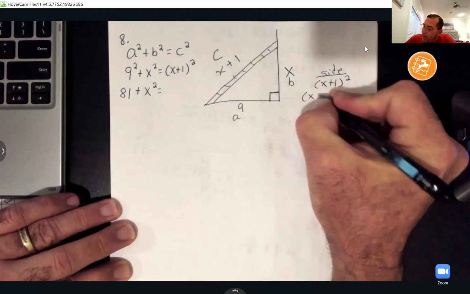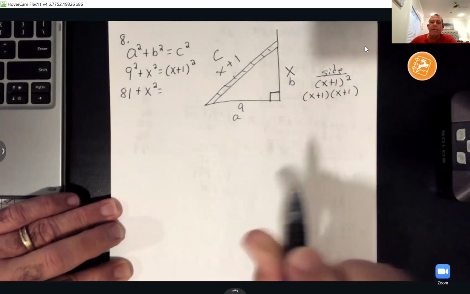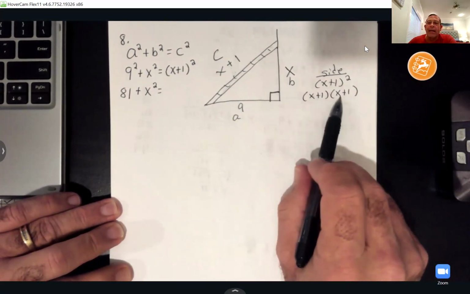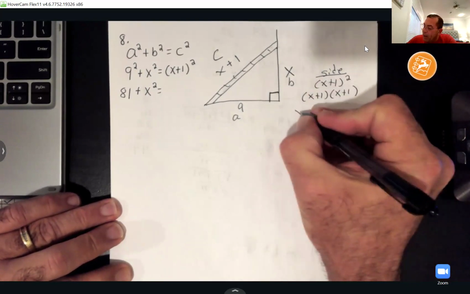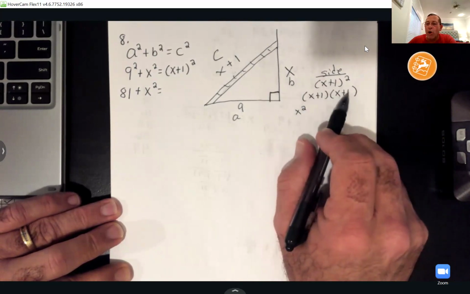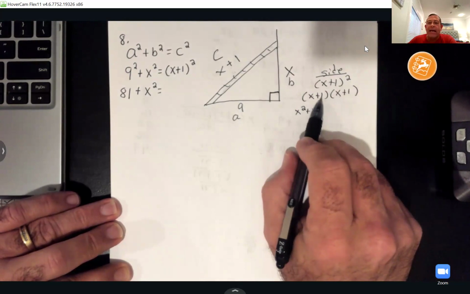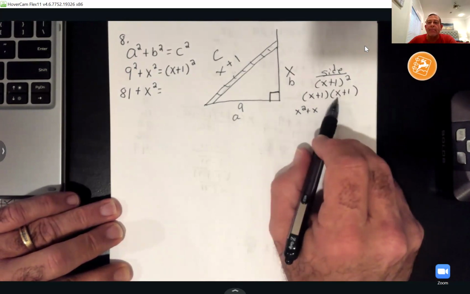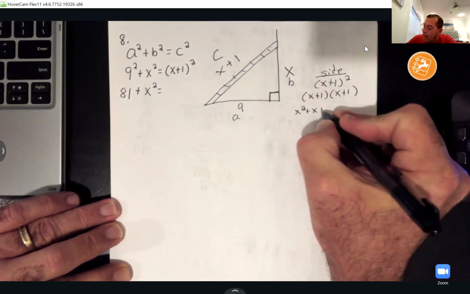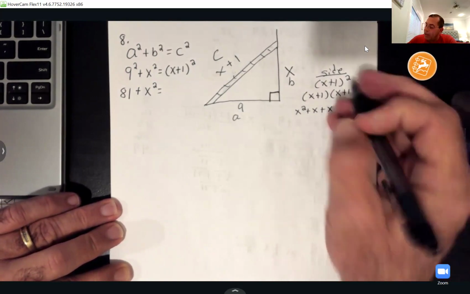So let's FOIL this out and see what we get. So I'm going to do the x times x and get an x squared. Then I'm going to take this x times 1, and I get a 1x. I'm going to move inside to the 1. 1 times x is another 1x. And then the 1 times 1 is 1.